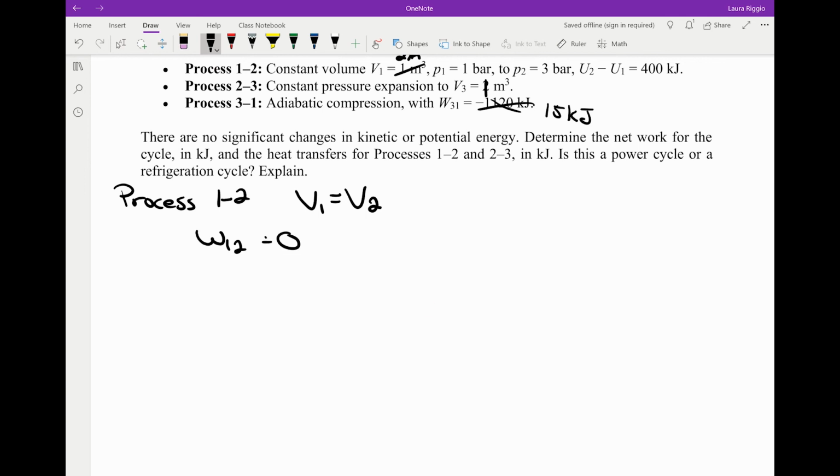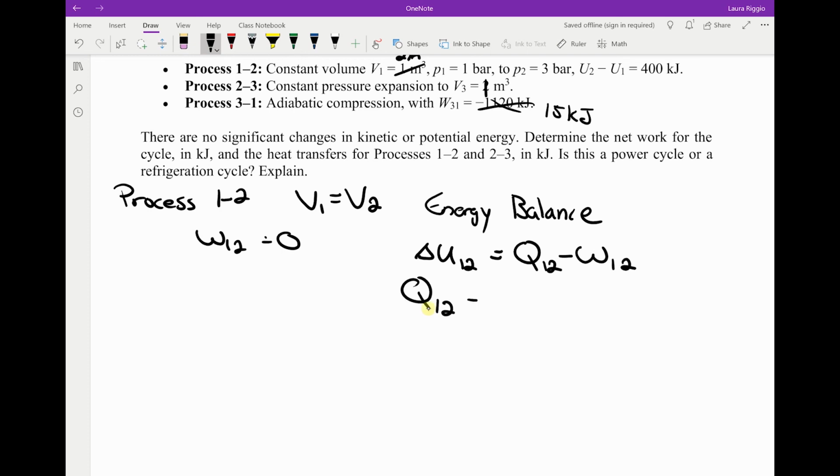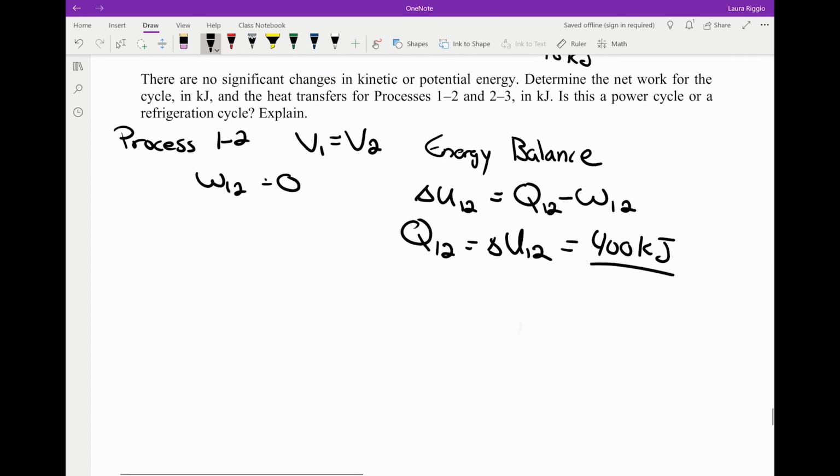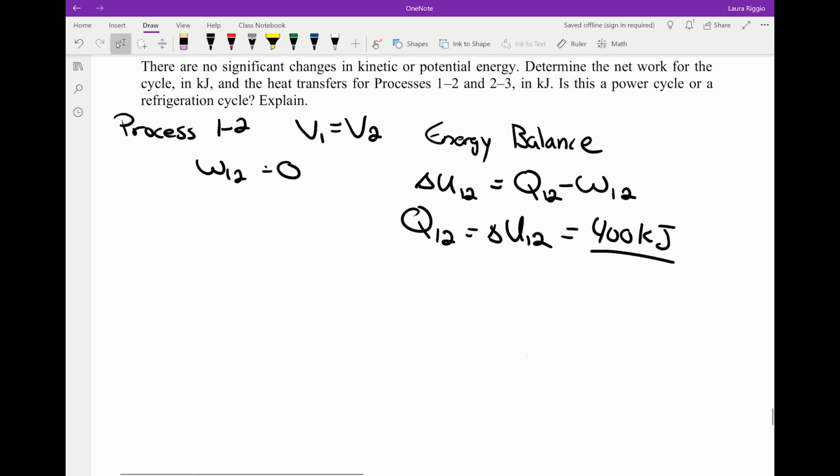So for our energy balance, delta U from 1 to 2 is equal to Q 1 to 2 minus our work 1 to 2. So our heat transfer for process 1 to 2 is equal to our change in internal energy. And the problem tells us that our change in internal energy was 400 kilojoules. Note the problem does say that we can ignore kinetic and potential energy effects.